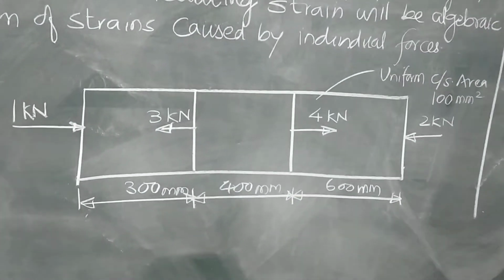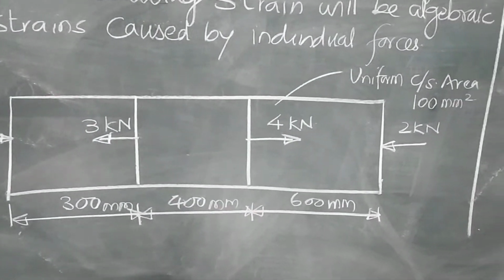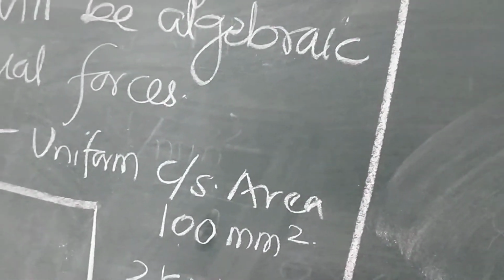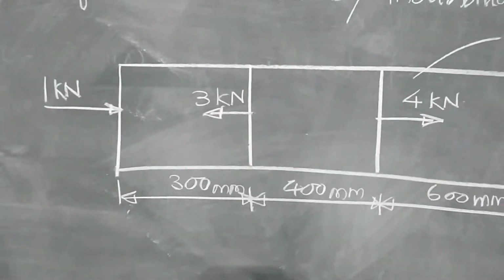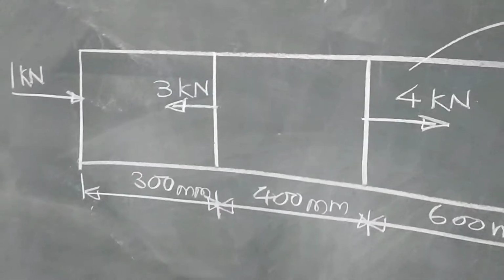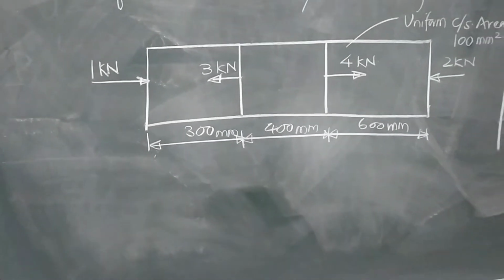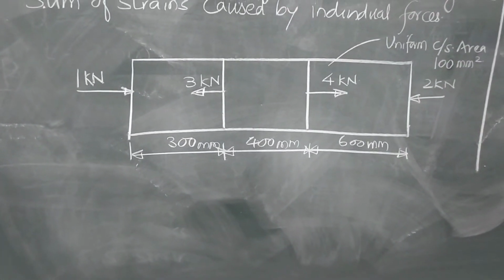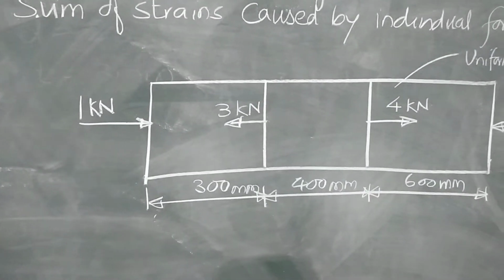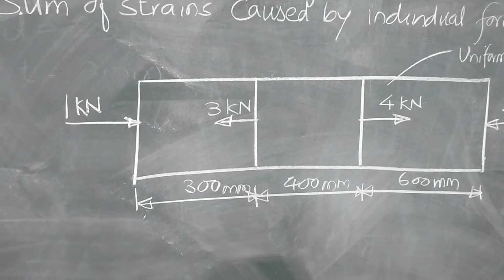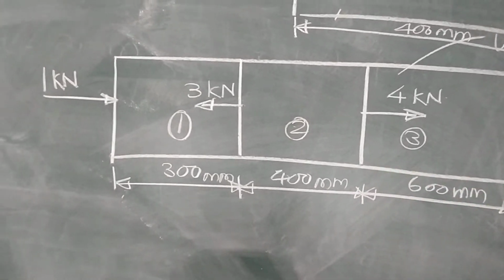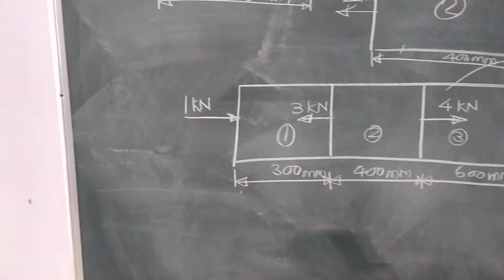Take this example. Here we are having uniform cross sectional area, that means A is the same for all areas 1, 2, 3. Length is different, so L1, L2, L3. Here 300, 400 and 600 mm are different lengths for different sections, and we can separate all these sections in this way.